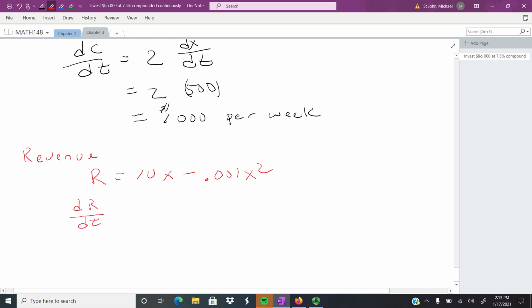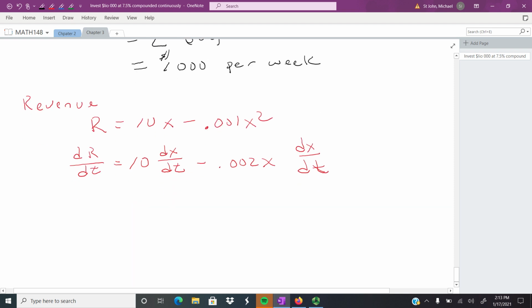So dR/dt is going to be 10 dx/dt minus 0.002x dx/dt. And again, we can now take our numbers and plug in.